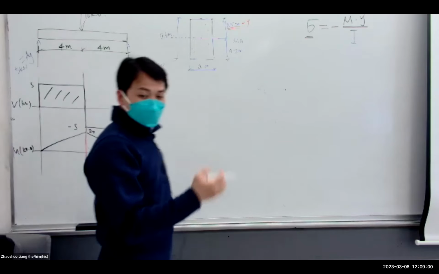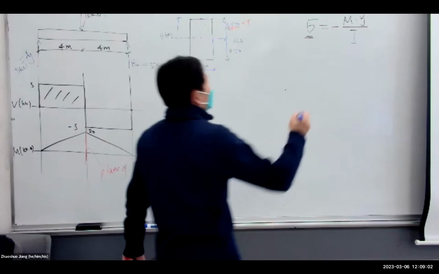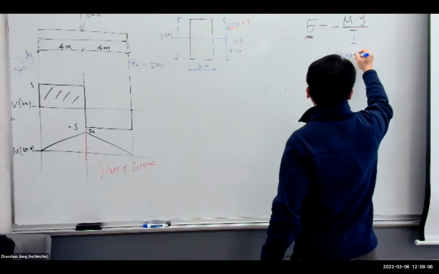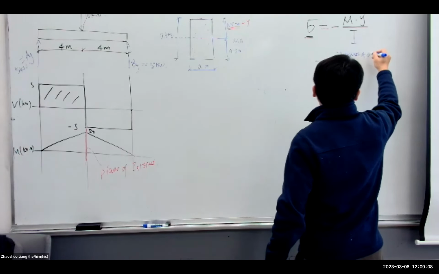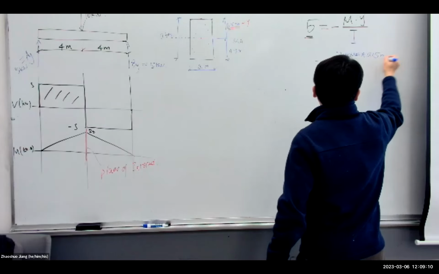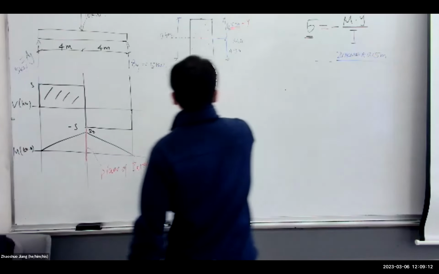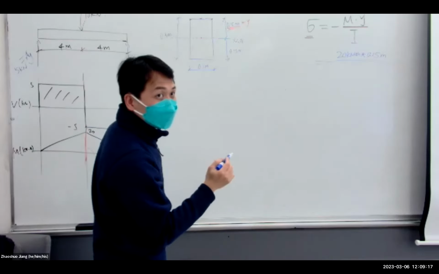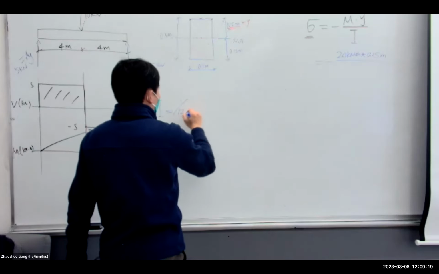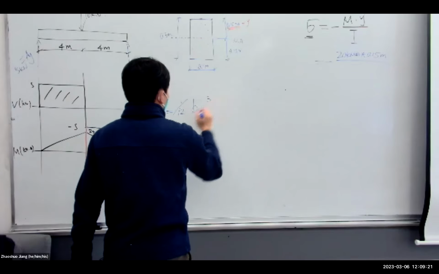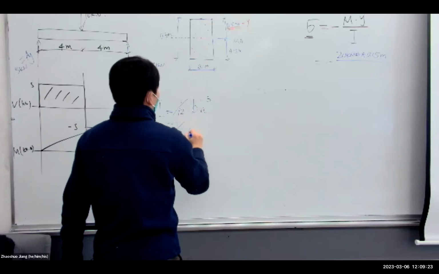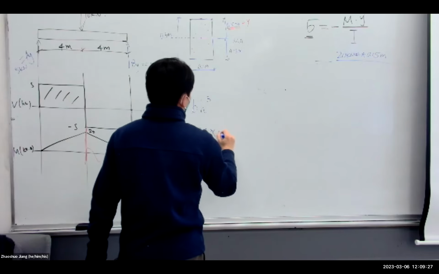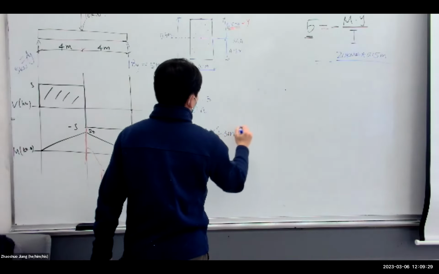So let's calculate it. This is negative 20 kilonewton meters. The y is 0.15 meters. What is the moment of inertia for the cross section? What is the equation again? 1/12 b h cubed, right? So b is 0.1 meters, h is 0.3 meters, cubed.